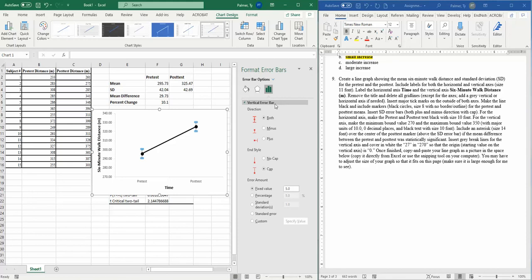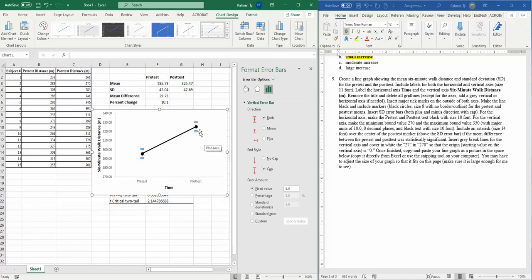If you look under the vertical error bar and look under direction, the default selected right here is both. If you look in the instructions, it says the error bars need to be both plus and minus direction with cap for this line graph. So it's already selected there for us, the direction. If it's not, make sure it is on yours. Make sure you have this one selected, both. What does that mean?